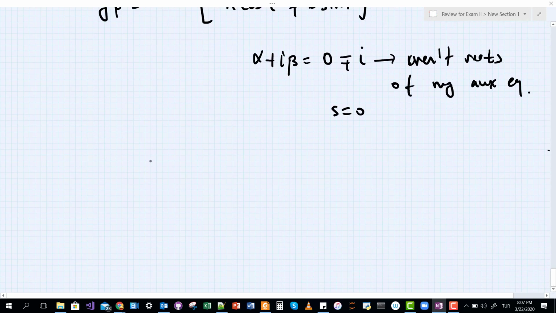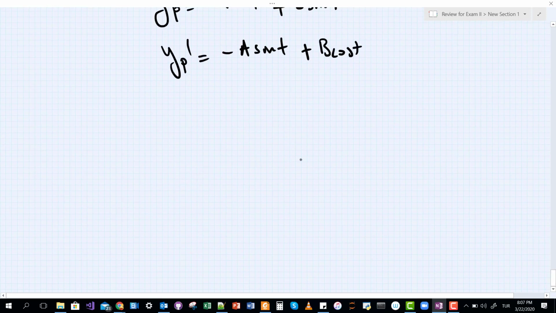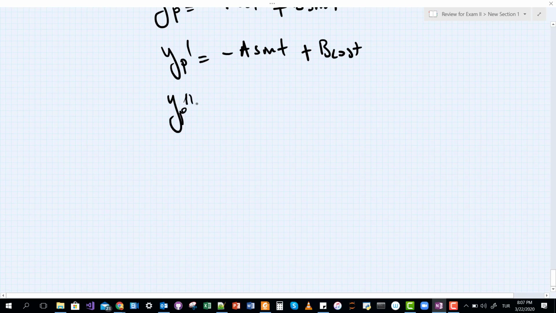If I don't need an extra term, my particular solution form is going to be a cos t plus b sin t. I'm going to need the derivatives, so negative a sin t plus b cos t. I need the second derivative as well, y_p'' = negative a cos t minus b sin t.